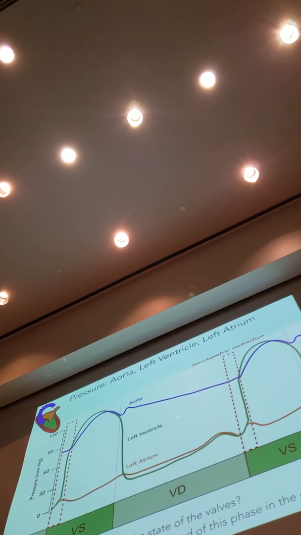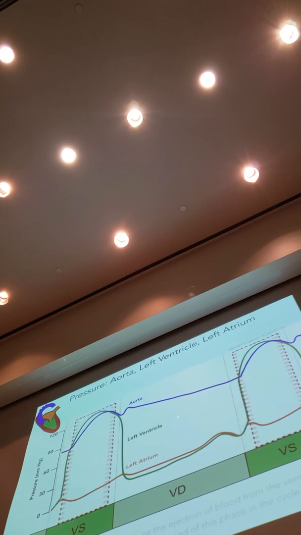And after the ventricles have filled, we move into isovolumetric contraction. When the ventricles begin contracting, we only get out of this stage when the ventricular pressure becomes greater than aortic pressure. And then we move into ejection, which we leave when the ventricular pressure drops below the aortic pressure.